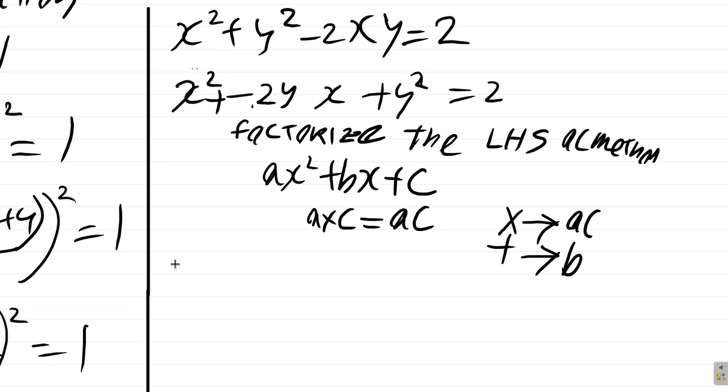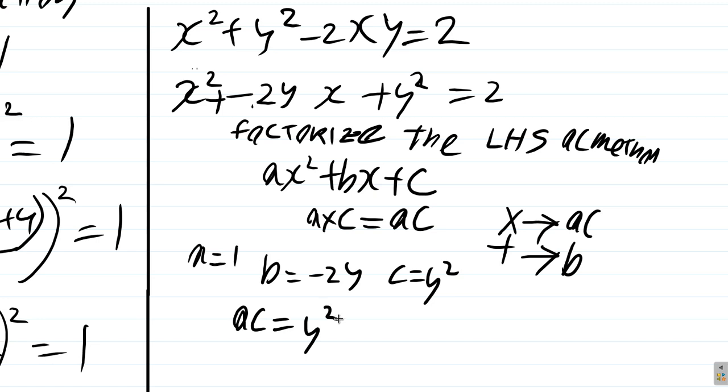Now, what's going to happen here? In this case, a would be 1, b would be negative 2y, and c is y squared. Once you remember your AC method, a times c is y squared.